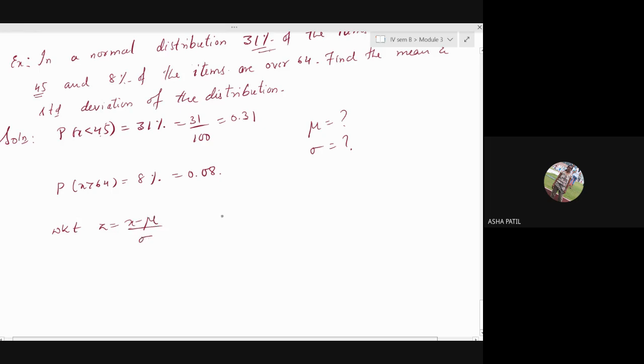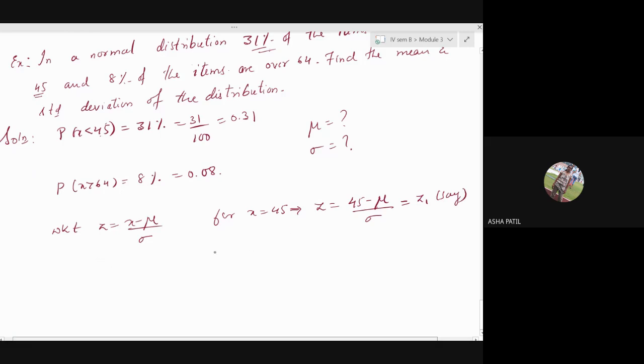Now, for X is equal to 45, Z is equal to 45 minus mu divided by sigma. Let us call it Z1.